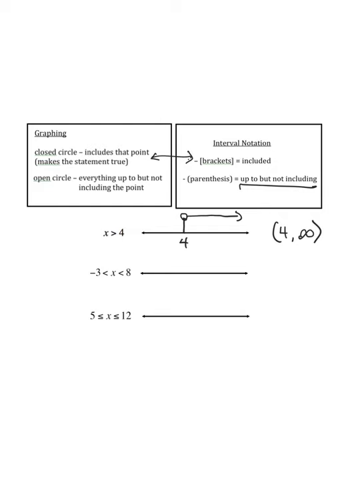Please show me on the number line all the numbers that are greater than -3 and yet still less than 8. And see if you could put it in interval notation, please.